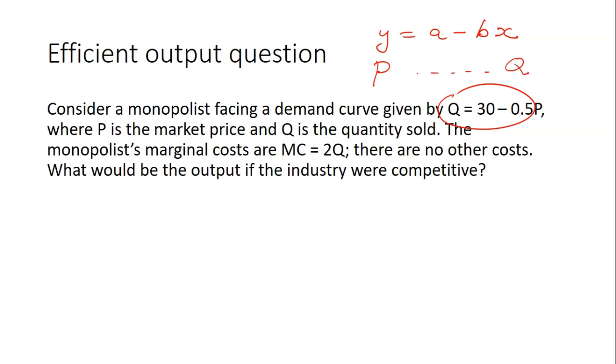As we can see here, this equation is the wrong way round, so to speak. We want to isolate the p, not the q. So let's do that before we do anything else.